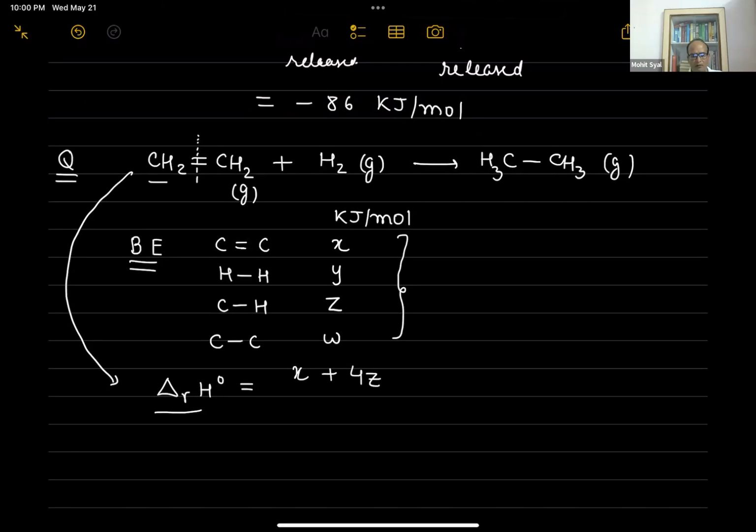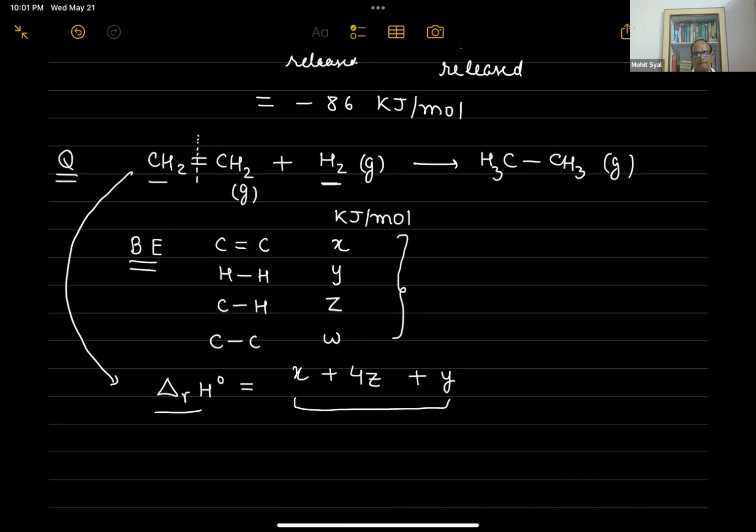There are 4 C-H bonds which need to be separated in the reactor. Then you break the H-H bond. You put in this much amount of heat. So this is the sum of the bond enthalpies of the reactants. Is it clear?